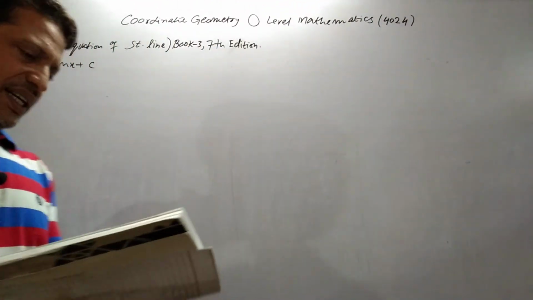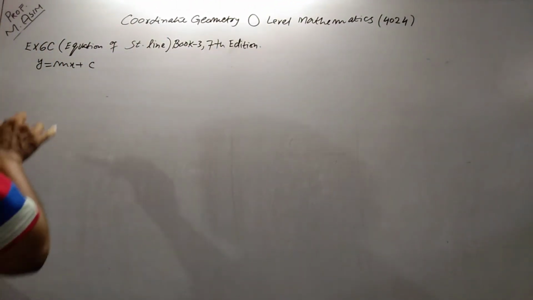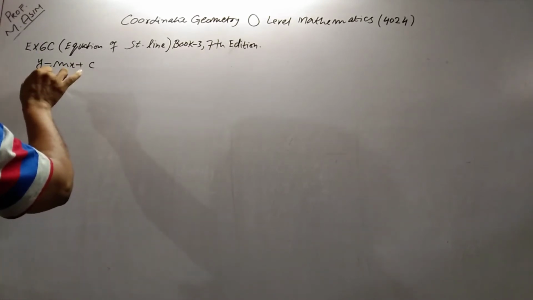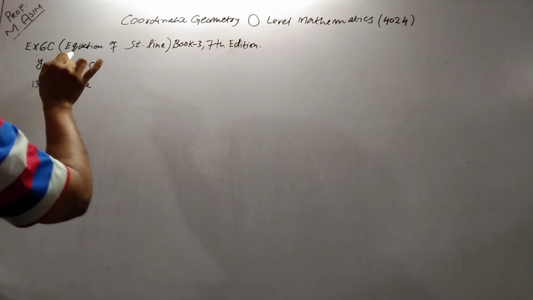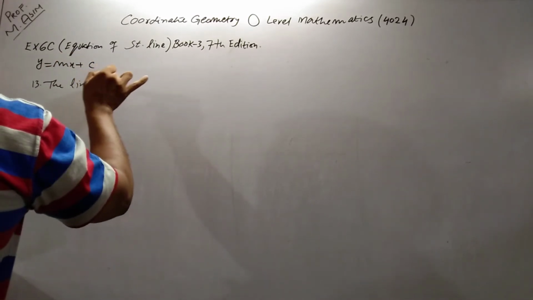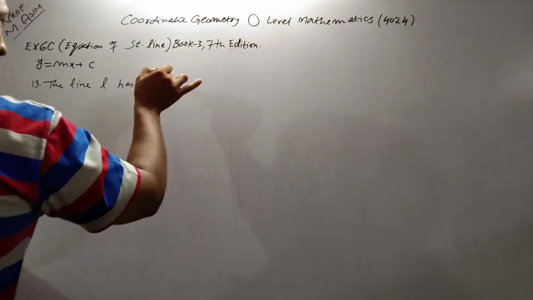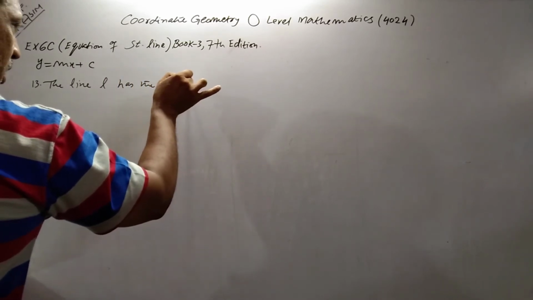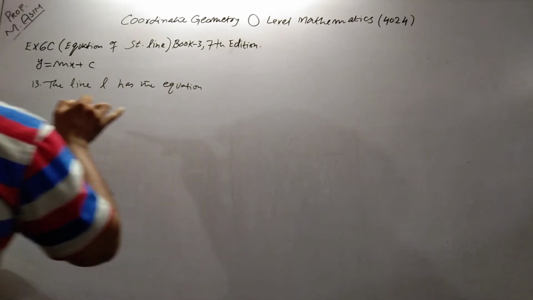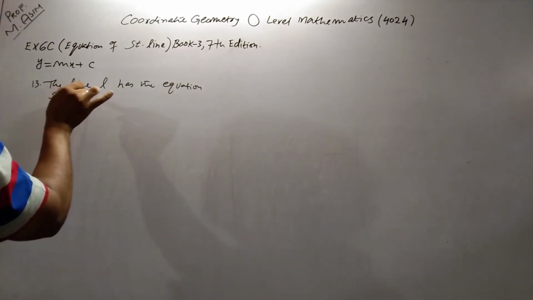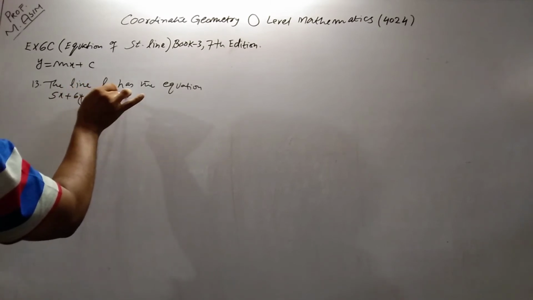Question number 13: the line L has the equation 5x plus 6y plus 30 is equal to 0.